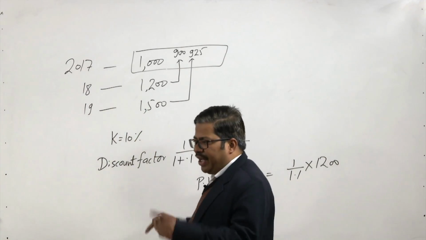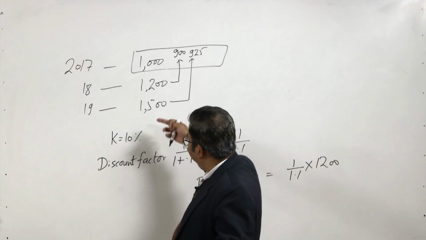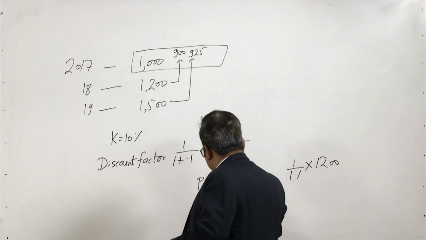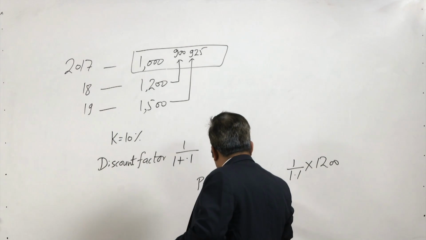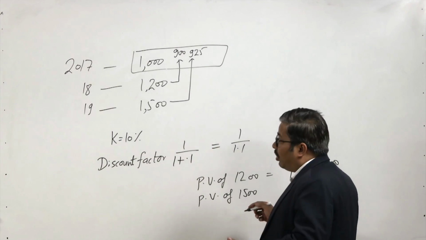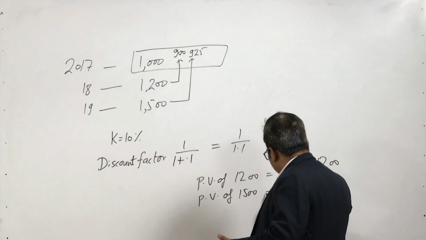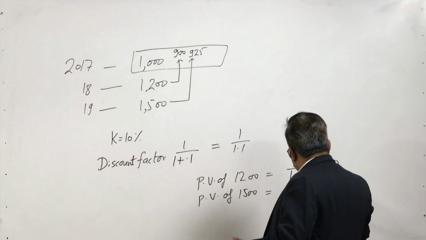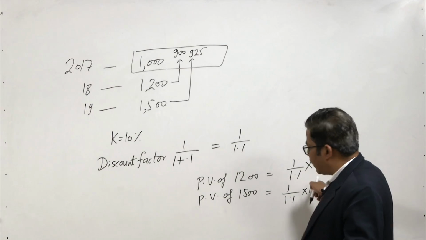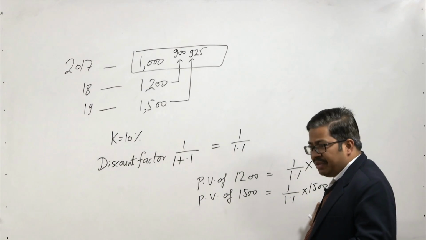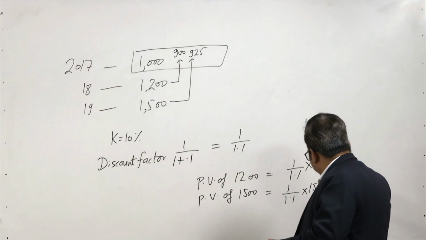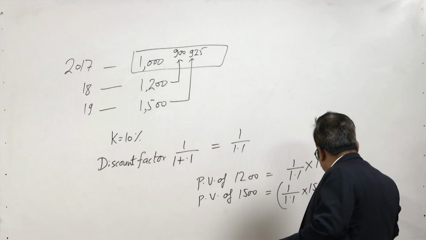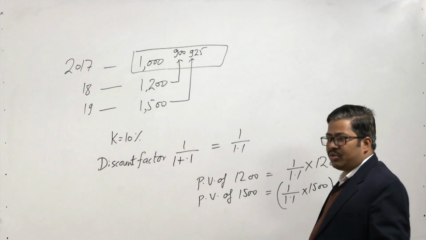When I want to calculate the present value of 1500 for 2017, first I get the present value of 1500 for 2018, and then again I will multiply this by 1 upon this discounting factor.